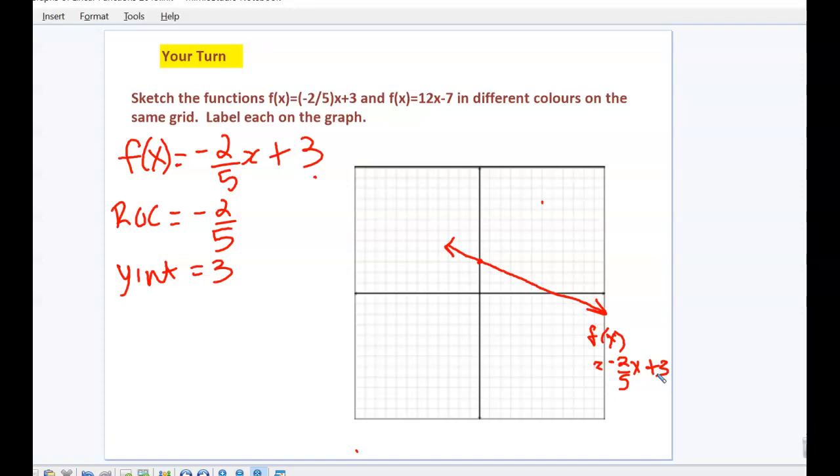On my next graph, I'm going to do that one blue. I should call this one g of x instead because my other one is f of x. So g of x is going to be equal to 12x minus 7. So in this case, my rate of change is 12 over 1, and my y-intercept is equal to -7.